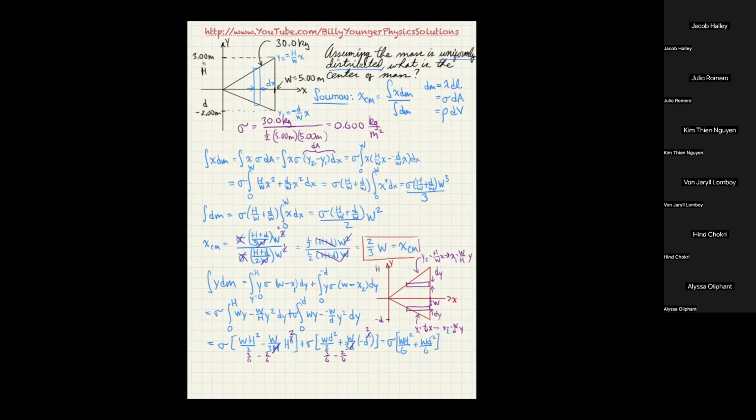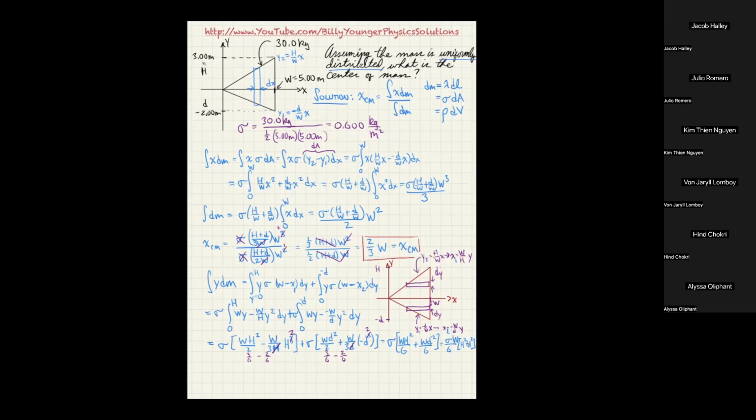So that's that whole integral, which we could, in principle, write as sigma w over 6 times h squared plus d squared. That's probably the simplest way we can write it. Any questions on that one? Pretty nasty, huh? All right, that's the top integral.